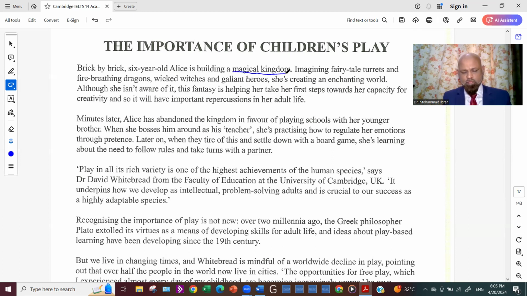Now it's somewhere here. Now, imagining fairy tale. Again, it's about imagination. Fire-breathing dragons, gallant heroes, enchanting fairy world.